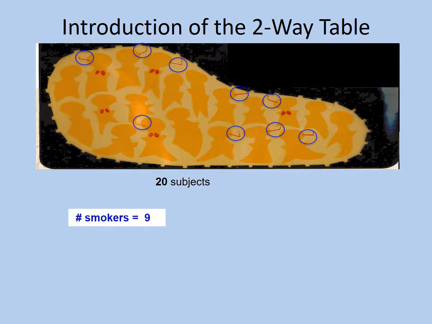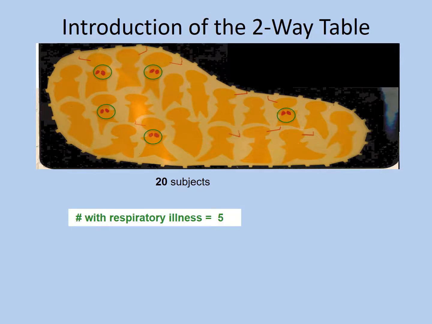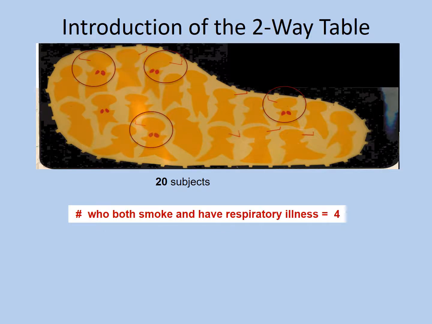From the figure, we can count 9 smokers. And we can count 5 persons with respiratory illness. We can also find 4 subjects who both smoke and have respiratory illness.